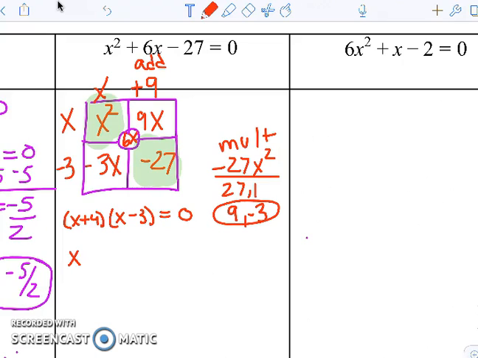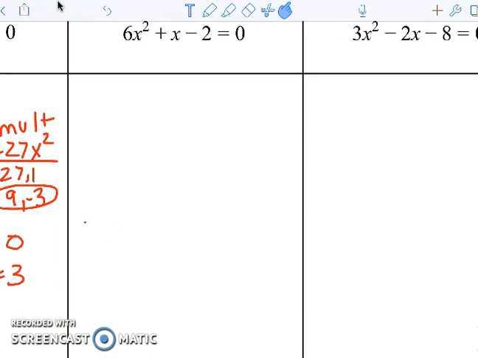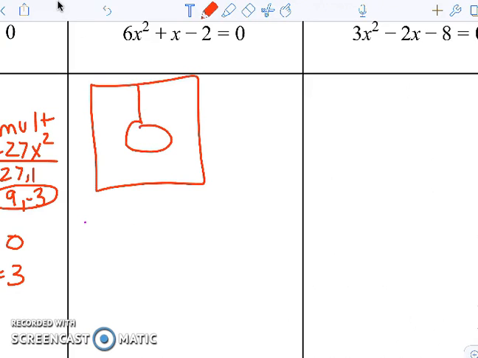And then we set each component equal to 0. X plus 9 equals 0. X minus 3 equals 0. So x equals 3 and x equals negative 9. So the next one gets a little bit trickier because we have that coefficient, but we still do that same thing.